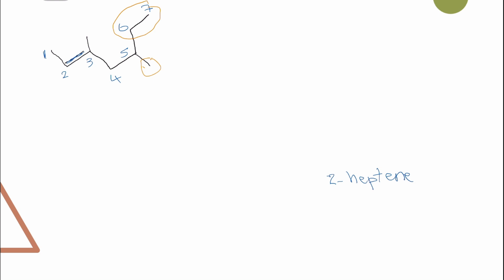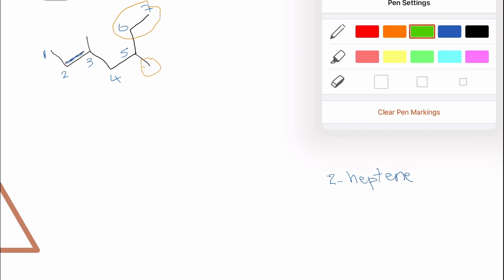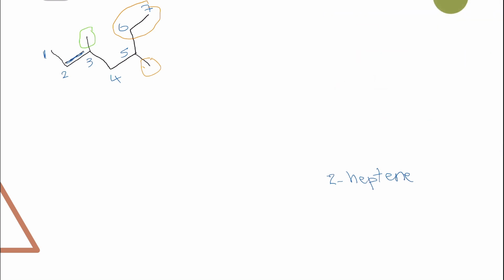We have two substituents, one in position number 3 and one in position number 5. So we have two methyl substituents in positions 3 and 5. We don't have any other substituent, so it's going to be 3,5-dimethyl-2-heptene.